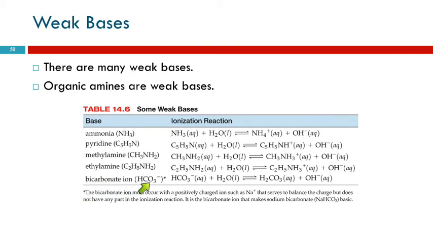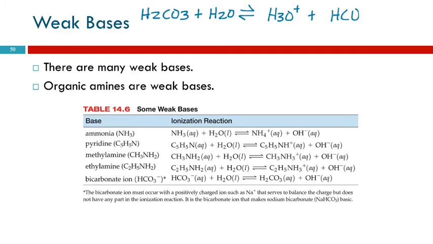Bicarbonate ion, or the hydrogen carbonate ion, can act as a weak base. So hydrogen carbonate, let's think about this. H2CO3, that's carbonic acid, right? So if that reacted with water, we get hydronium ion and HCO3-, the hydrogen carbonate ion.